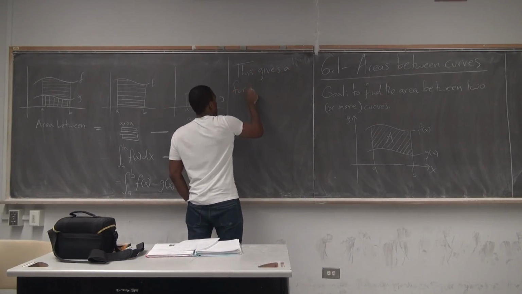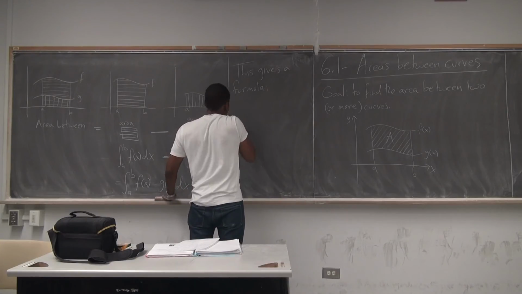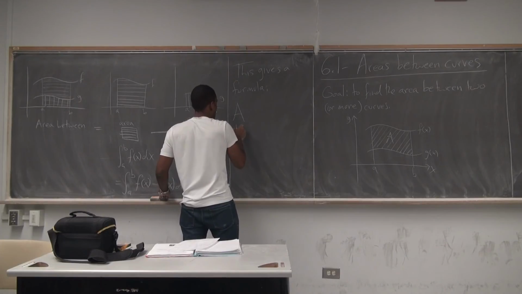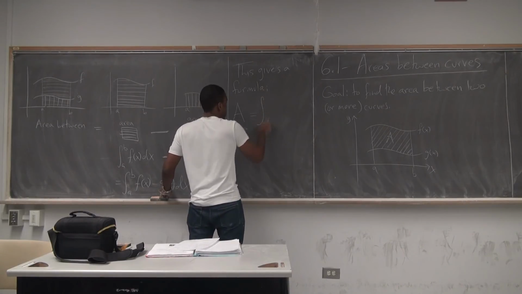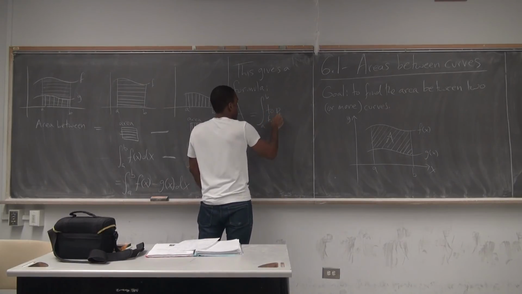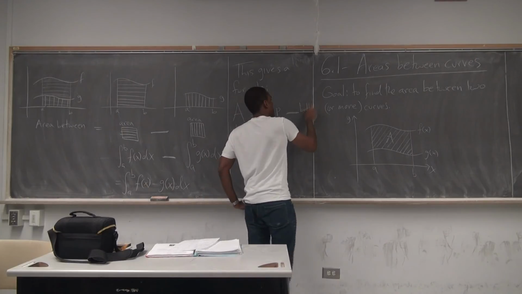And this, of course, gives us a formula. The area between two curves is equal to the integral from a to b of the top function minus the bottom function.